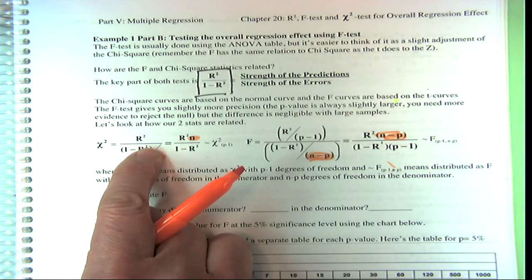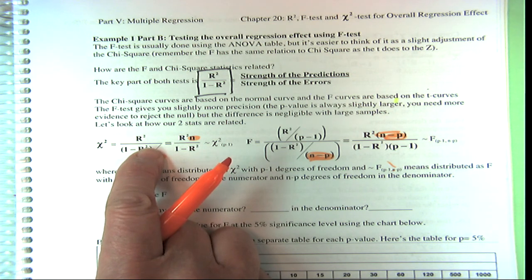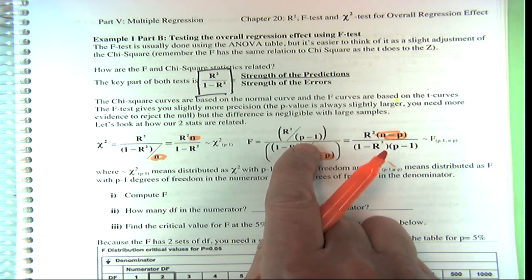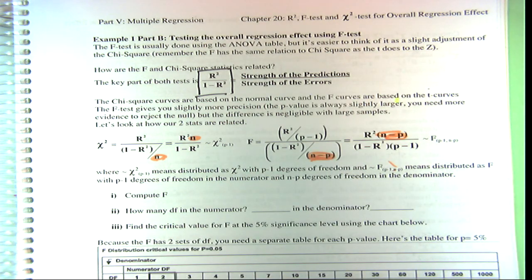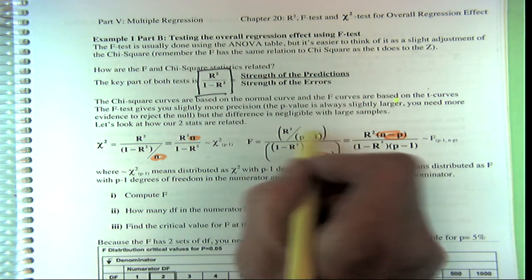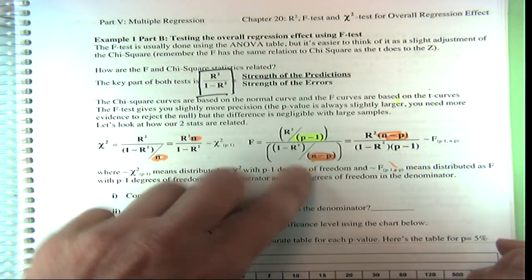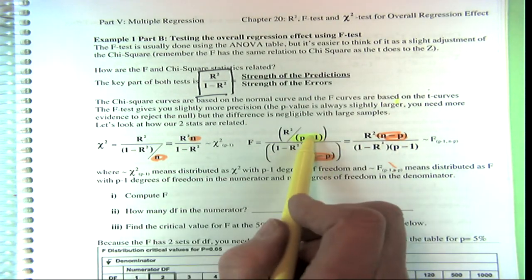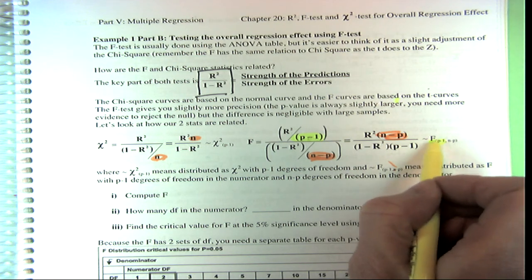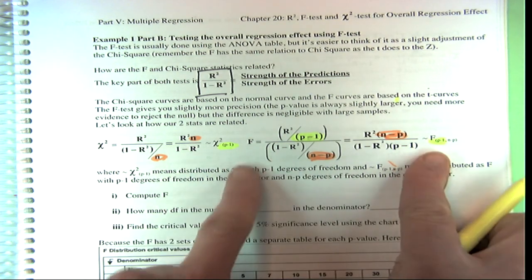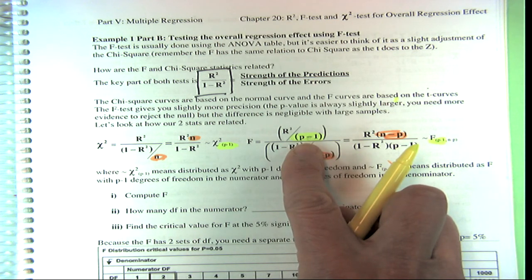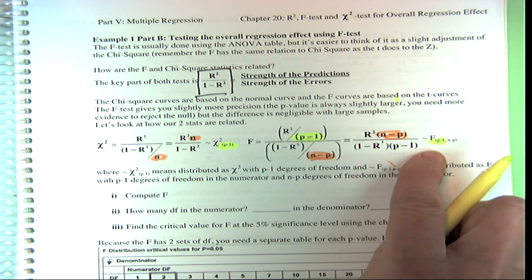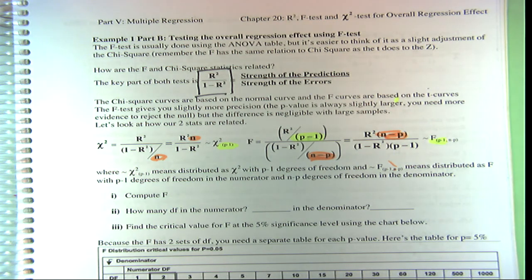Here we don't do it, I'll explain later, we just change the shape of the curve. But here we divide by the number of parameters. And so this numerator, you end up with two sets of degrees of freedom, p minus 1 in the numerator, which is the same degrees of freedom here. This is p minus 1. And then you have another set right here.